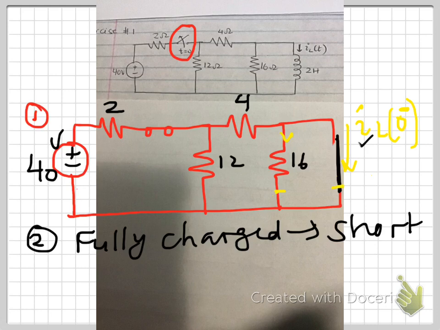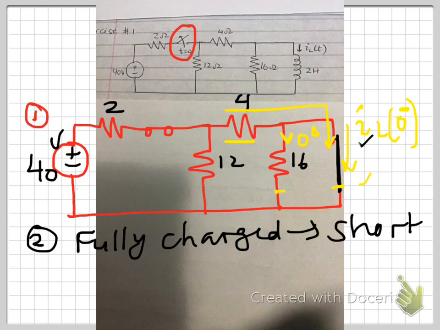So the current flowing through the 16 ohms, in comparison to the short, is going to be 0. So here you have 0 amperes of current flowing. That makes whatever current flows through 4 ohms the one which is flowing through the short. So the 4 ohms current is the same current as flows through IL0 minus. Now that makes 4 and 12 a pure parallel combination, and then you have 2 in series with that.